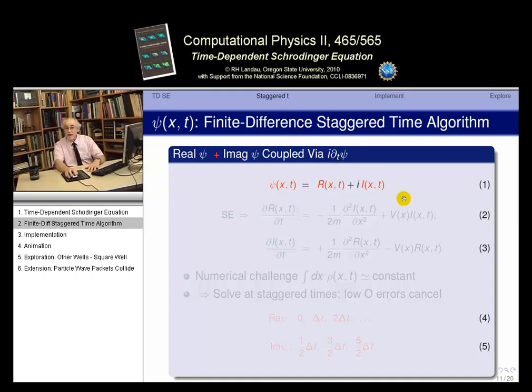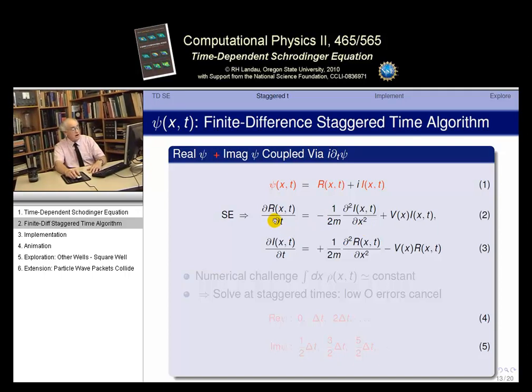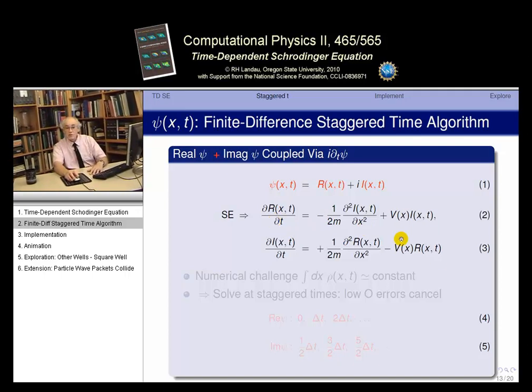So let's assume that we have a wave function that has real and imaginary parts. If we substitute it into the Schrodinger equation, which is on the previous slide, what we get is now two coupled partial differential equations. They're both second derivative in space, first derivative in time, and then they have a potential term.